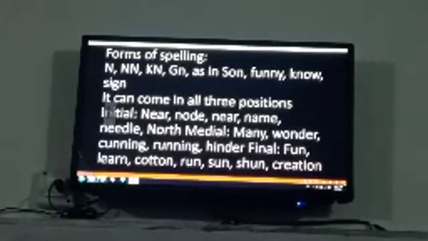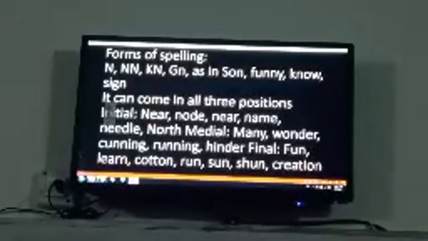At the medial position: wonder, cunning, running, hinder. And at the final position: learn, shun. So these were the words for practice, and these were the different positions where N comes. But remember that silent pattern.